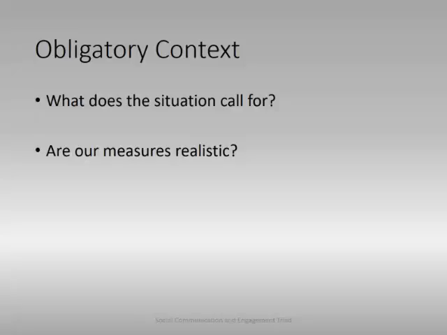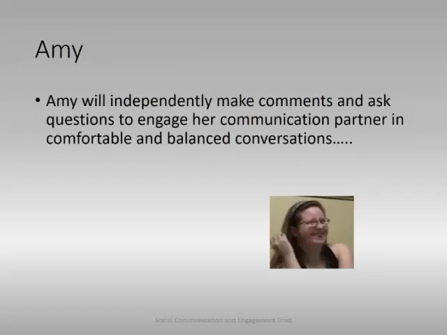Our goal is engagement. So how can we focus on that? Our team felt like Amy has so many skills in conversations, but what we're really looking for is that comfortable and balanced conversation. So can we operationally define comfortable and balanced?